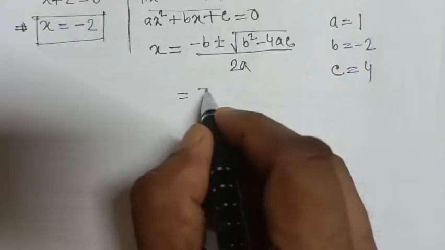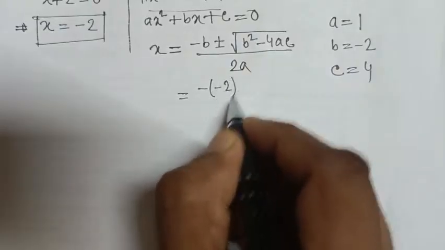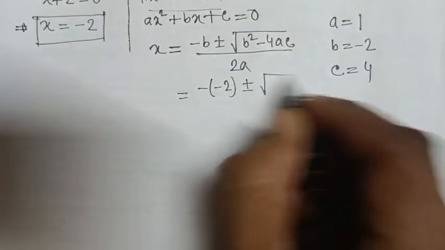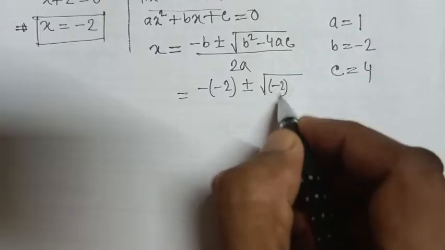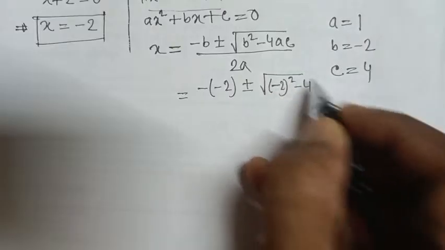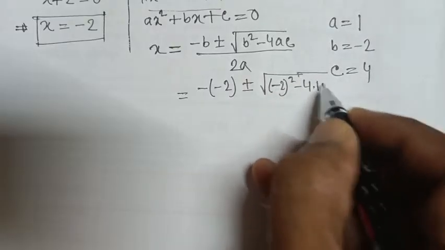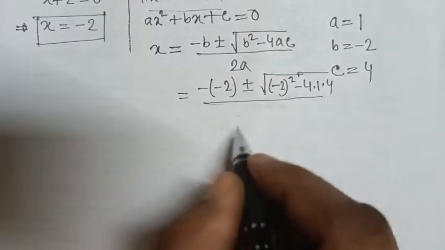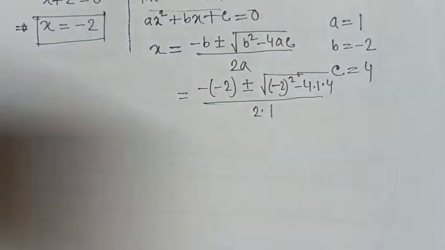Now putting the values here, we are getting minus of minus 2 plus minus root over of minus 2 square minus 4 into 1 into 4 by 2 into 1.